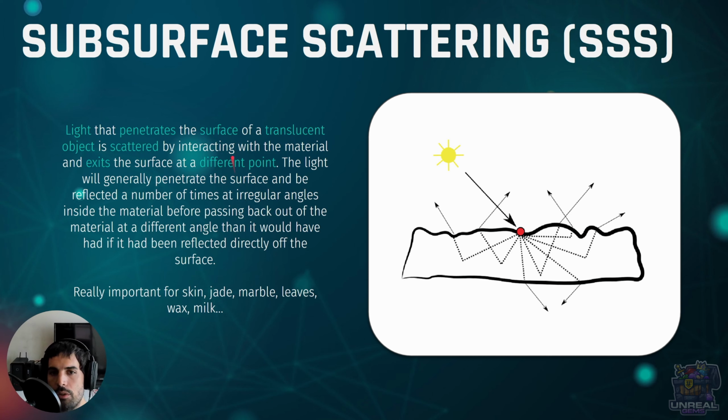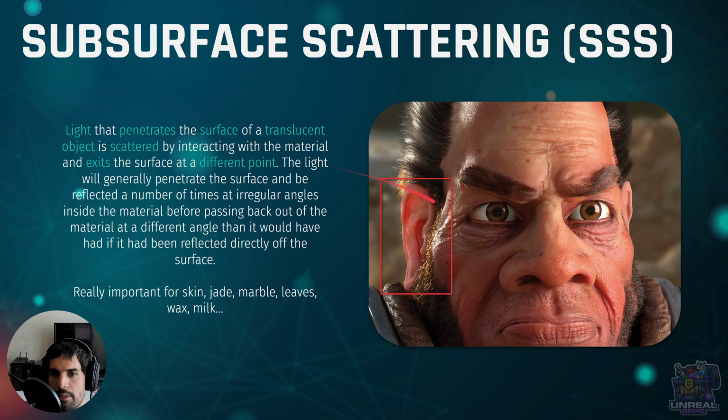That is the second translucency mode, in which light penetrates a surface, interacts with the inside of the surface, and then exits the surface at another point with a different angle, and obviously being scattered inside of the material. So in this case, you can see it happens a lot in human skin.